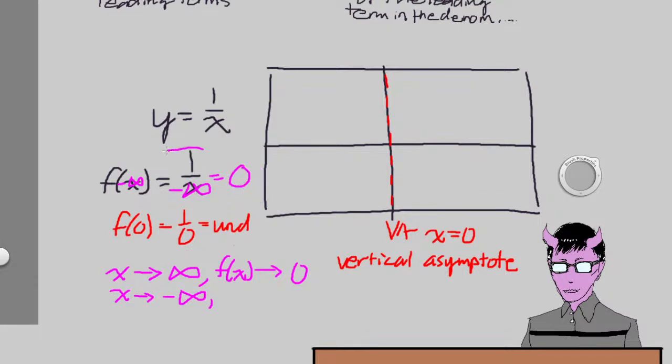But for now we could consider this a negative almost 0. So f of x, which is just the y value, approaches 0, but it's still negative. And the top one is still positive. It's a positive almost 0.